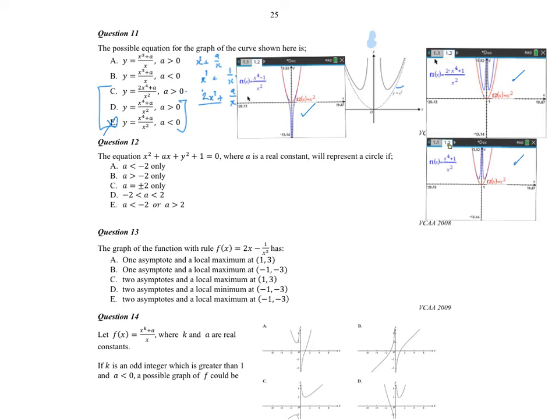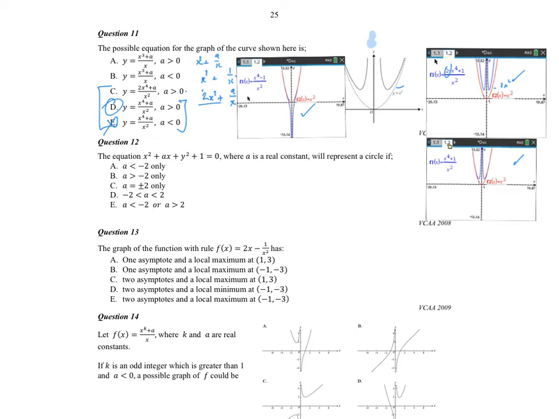But again, the key point is this one here would give 2x squared as the oblique asymptote. So it's got to be x to the 4 plus 1, or plus a, where I've varied the a. And I think that's a really good process. Just put in some values. It just says a is greater than 0, so put in a plus 1, plus 2. It's just going to shift graphs, isn't it?